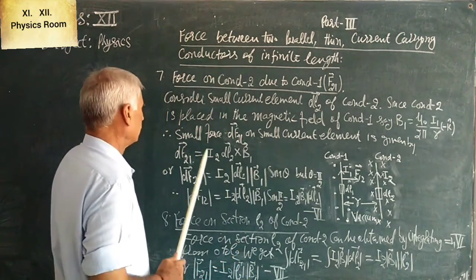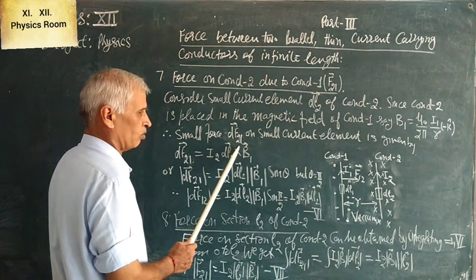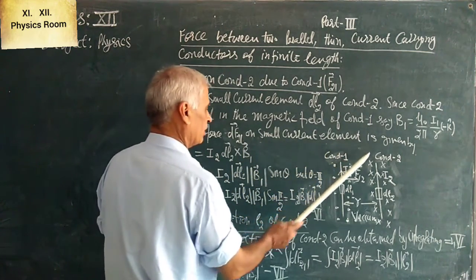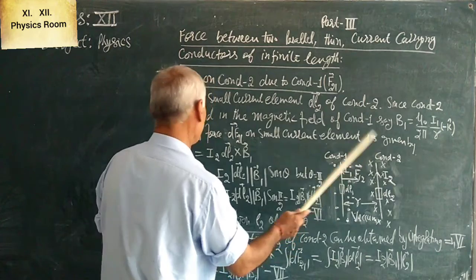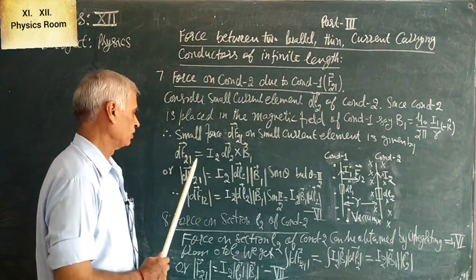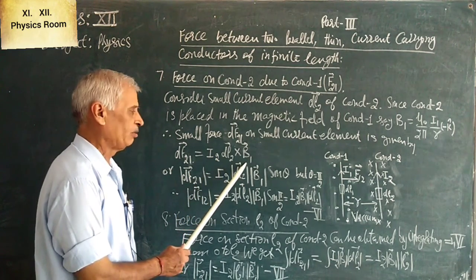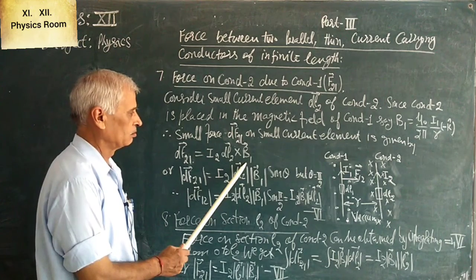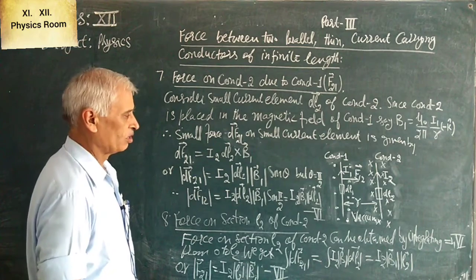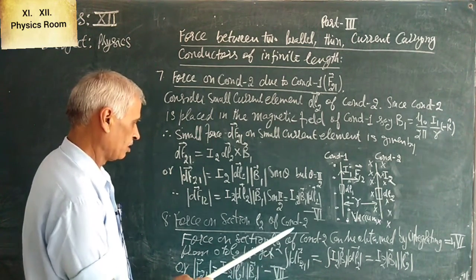So the small force dF21 on the small current element dL2 is given by the expression dF21 is equal to I2 dL2 cross product with B1. So how much will be B1?